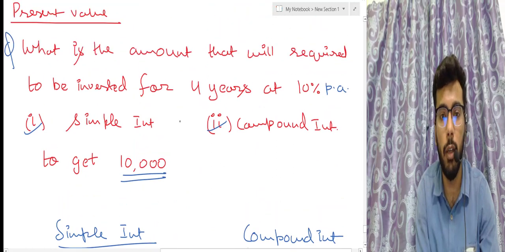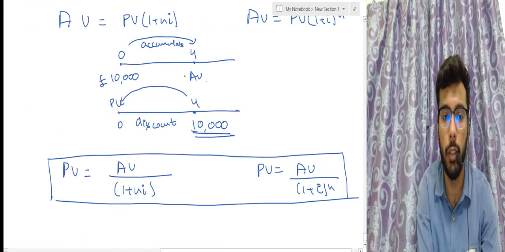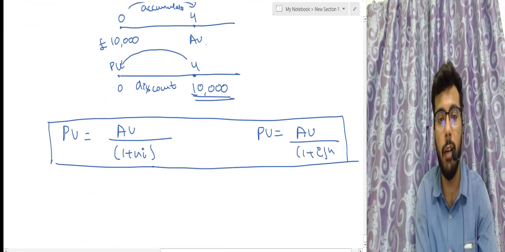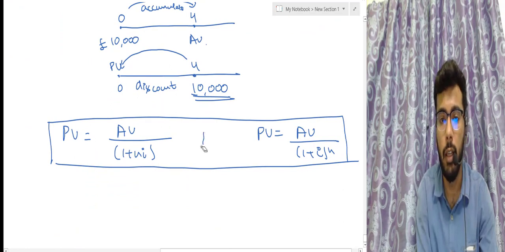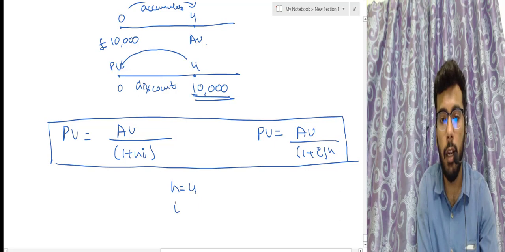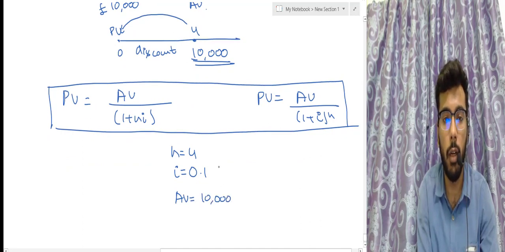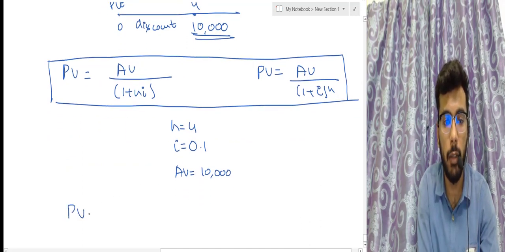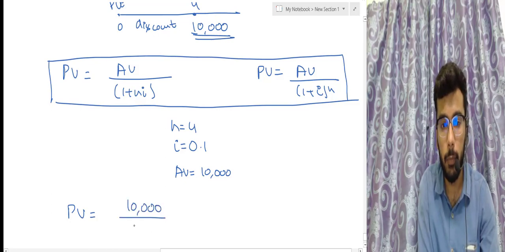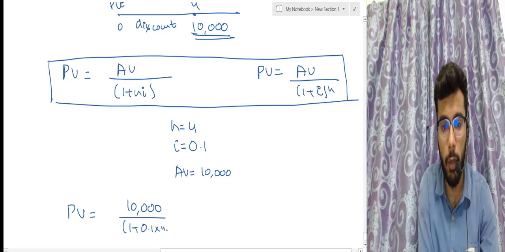Let's do this for this particular question. At time 4 I want 10,000, so my accumulated value in both cases is 10,000. My term n is 4 years. Interest rate is 10%, 0.1. You can work this out under both cases. Under simple interest, present value will be 10,000 upon 1 plus 0.1 into 4.